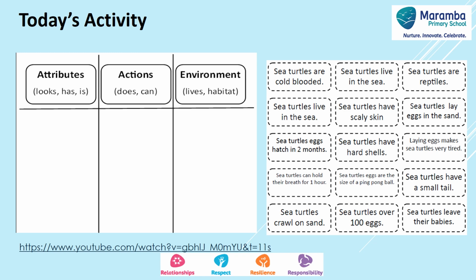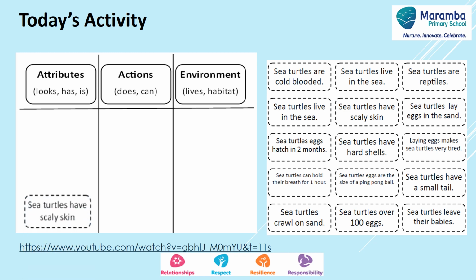I'm going to need everyone to either print out the forms or get mum or dad or your brother or sister to help you rule up your page. We need 3 columns, one for attributes, one for actions, and one for environment. And you are going to look at these facts and you need to place them in the correct column.